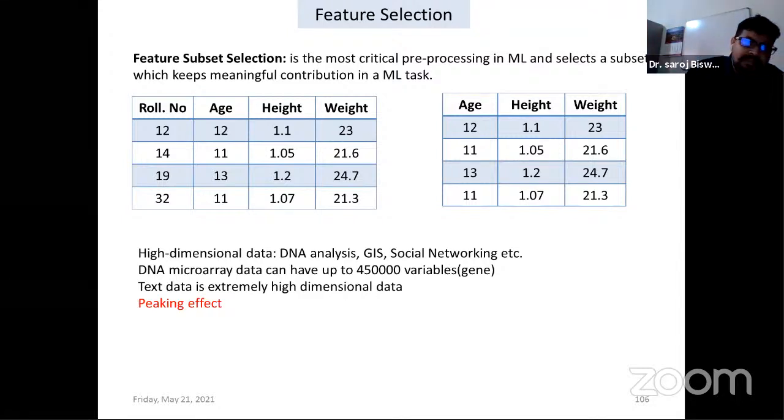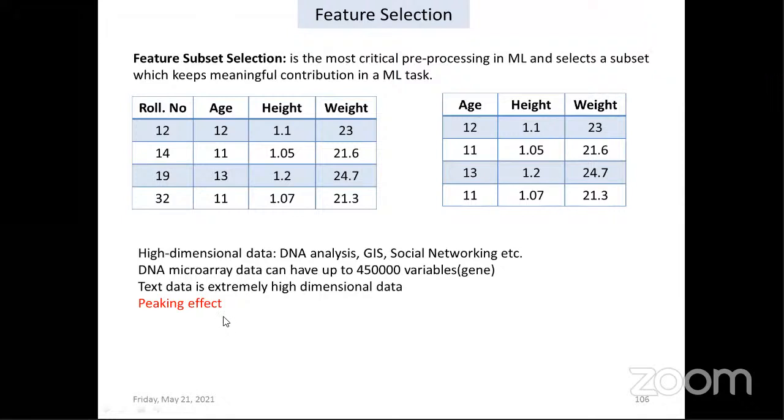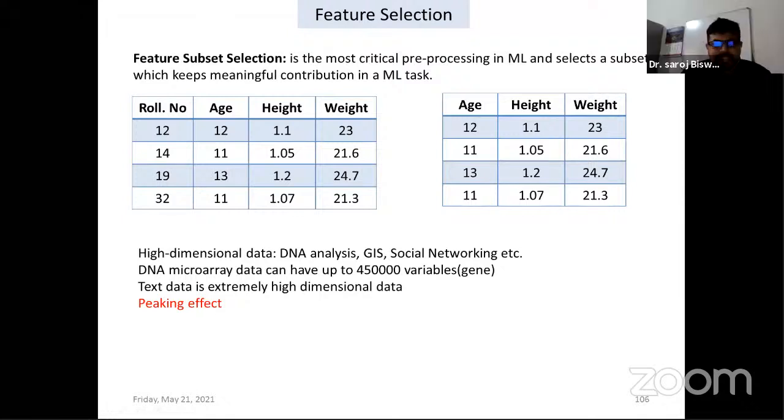And there is one term in machine learning that is called the peaking effect. What is that actually? It is believed that if we have a sufficiently large database and we increase the number of features, then generally the performance increases as the database size is large.